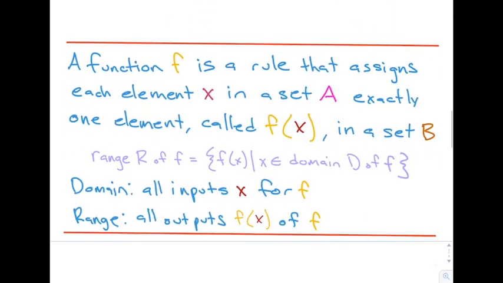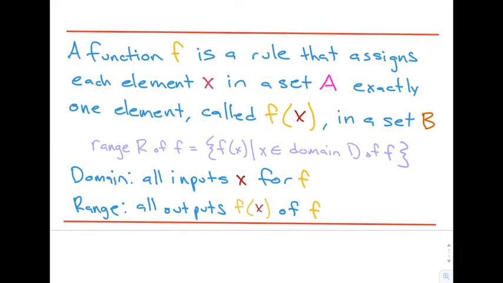So kind of formally, a function f is a rule that assigns each element x in some set A exactly one element called f of x in a set B. In other words, the range R of f is the set of f of x such that x is in the domain D of f, which is just to say that the domain is all of the inputs x for our f, the machine, and the range is all the outputs, f of x of f.